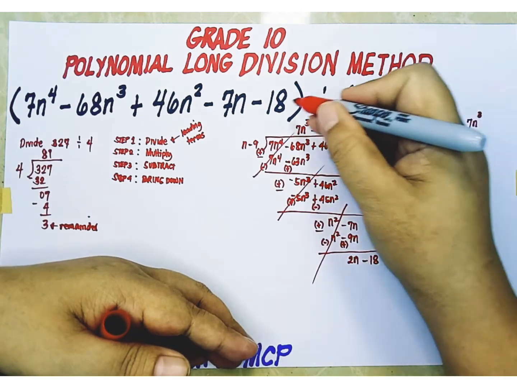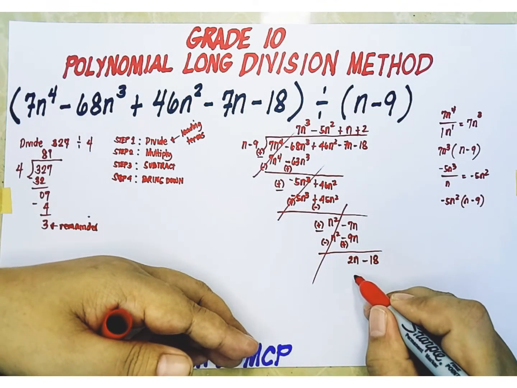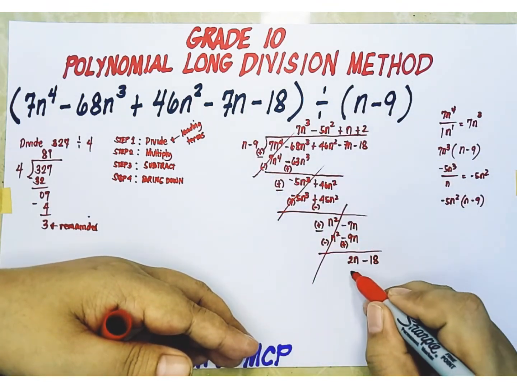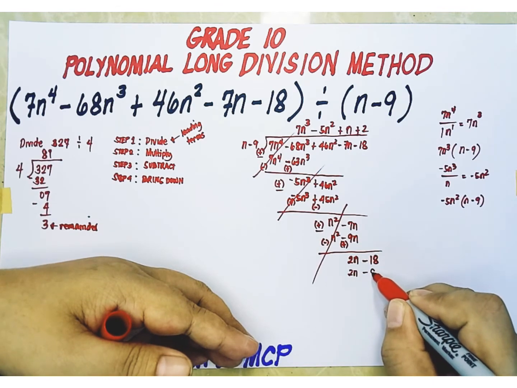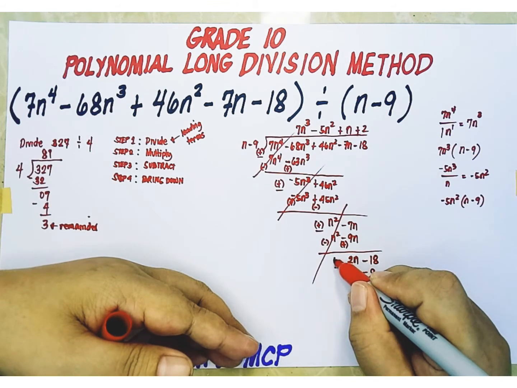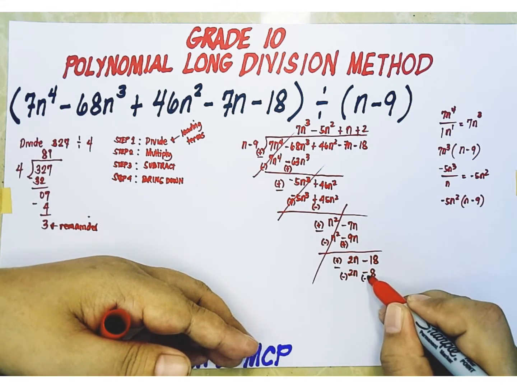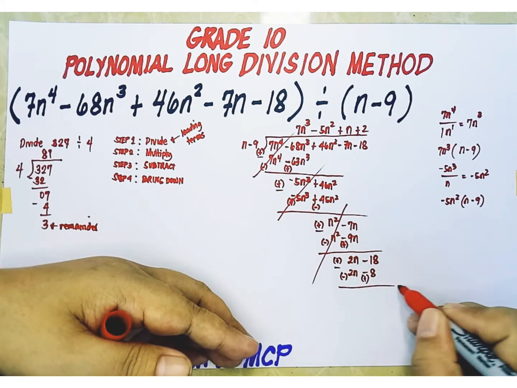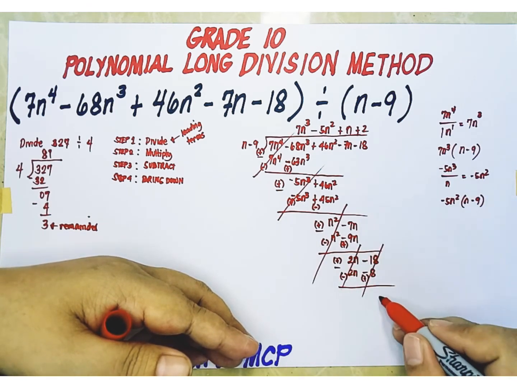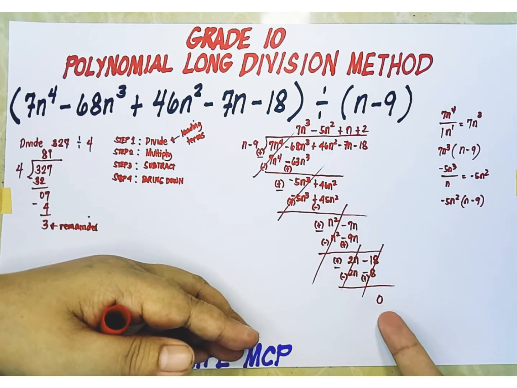Then multiply positive 2 by your divisor. 2 times n minus 9 is 2n minus 18. Subtract. Proceed to addition and change the sign of the terms in the subtrahend. Yan. So this is the remainder.